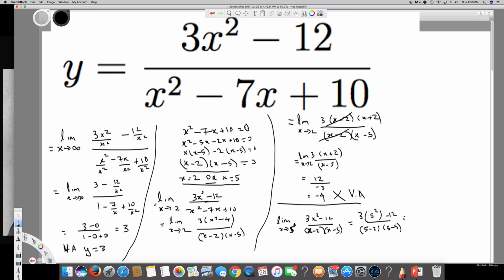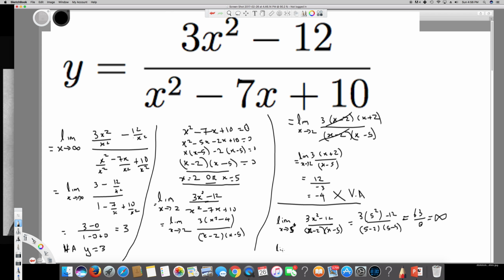So it's going to be 3 times 25, 75. 75 minus 12 is going to be 63 over 5 minus 2 is 3, and 5 minus 5 is 0. So 0 times 3 is going to be 0. If we divide anything by 0, it's going to become infinity. You can check it with the left side too.